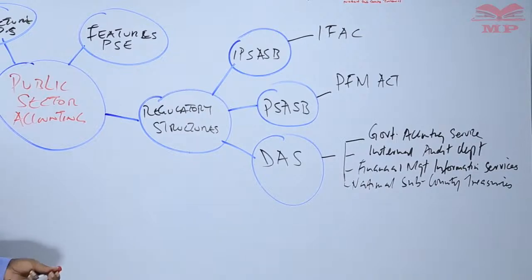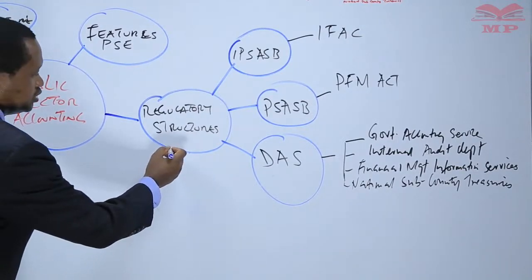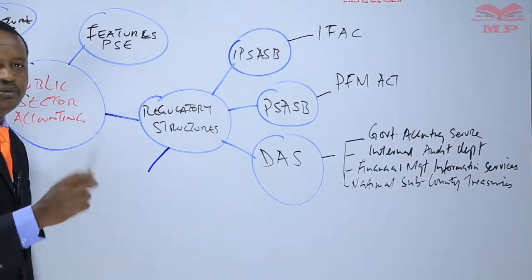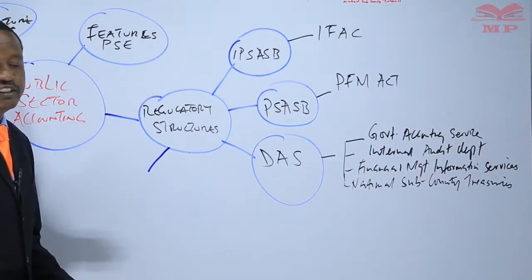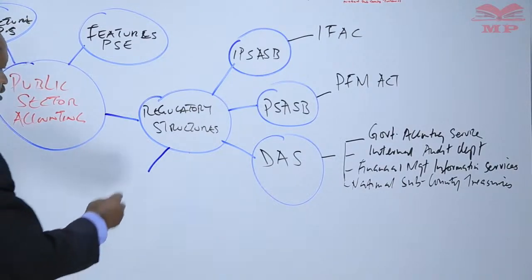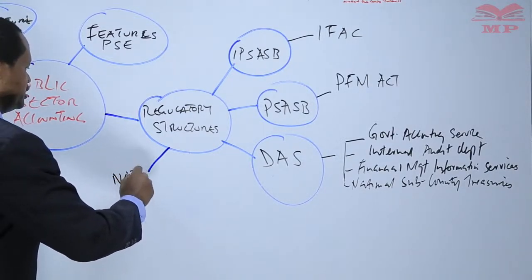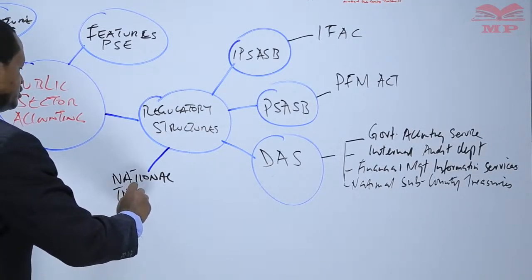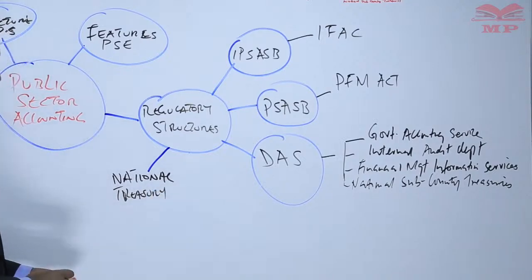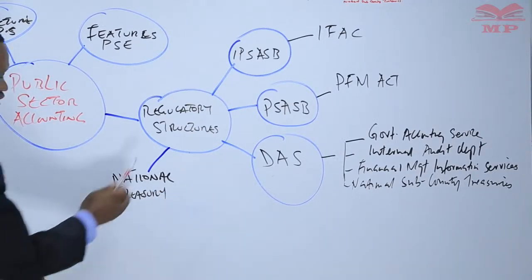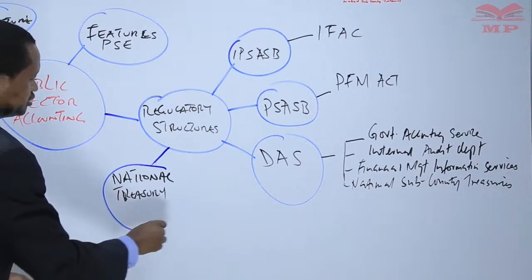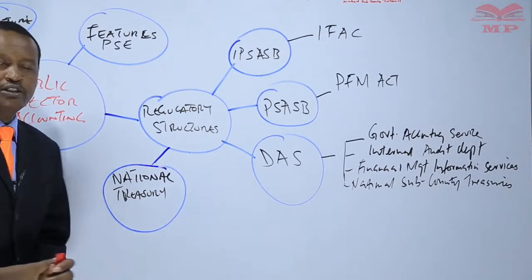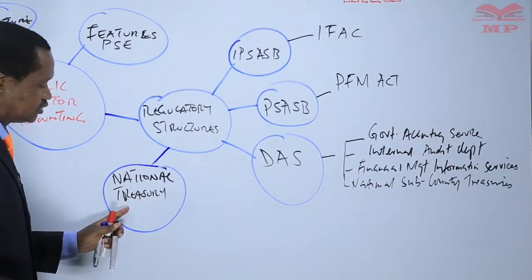And today, candidates, we want to study the establishment, the mandate, and the functions of the National Treasury. That's going to be the subject of our lesson today, the National Treasury.